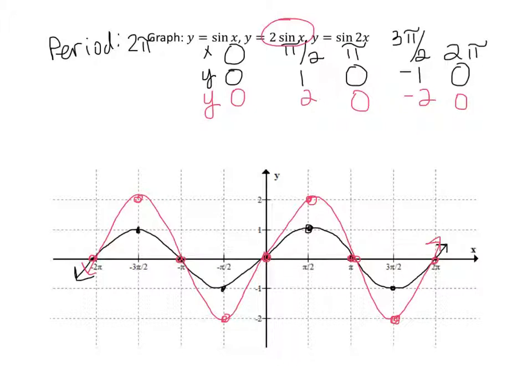So notice we're reaching maximums in the same point, minimums in the same point, and zeros in the same point. The only thing that's different is we've stretched vertically. My center line in this case is the x-axis, and my amplitude has moved 2 units above and 2 units below.